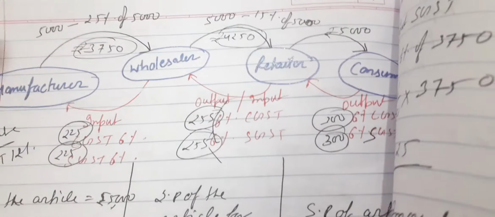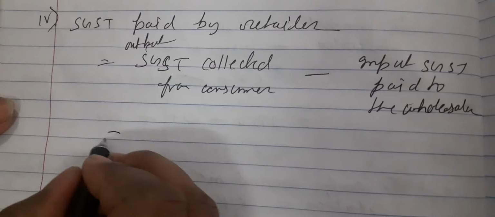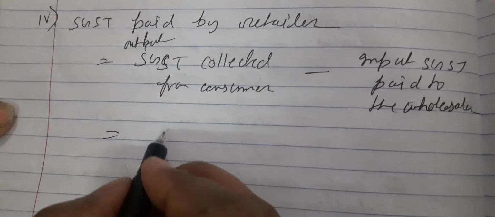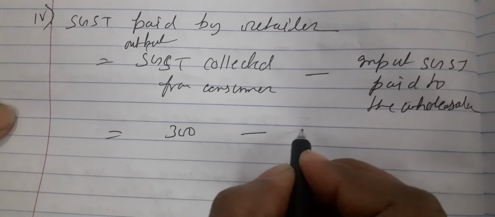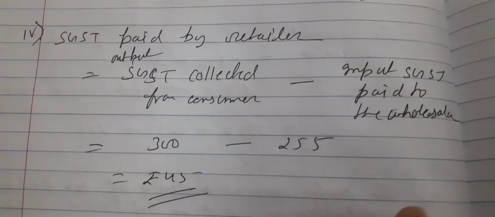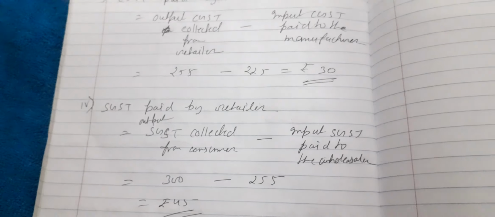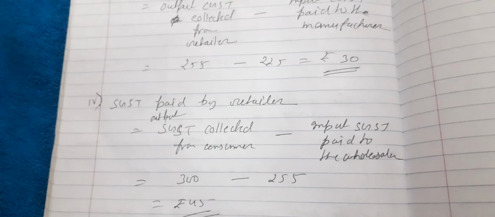Yes, to the wholesaler. Putting the values, SGST collected from the consumer was 300 rupees minus 255. So this will be rupees 45, and here our answer is finished. Then please do practice, then you will become smarter in GST. Thank you. Bye bye.